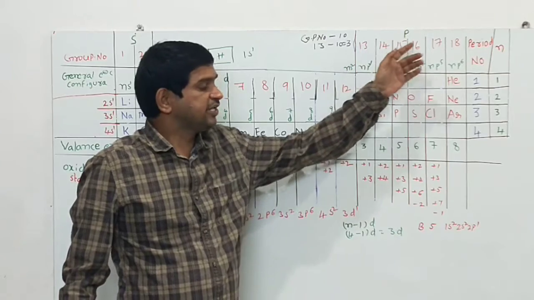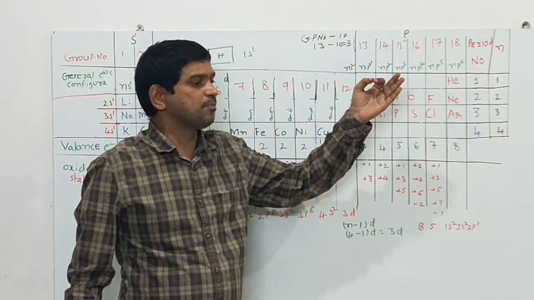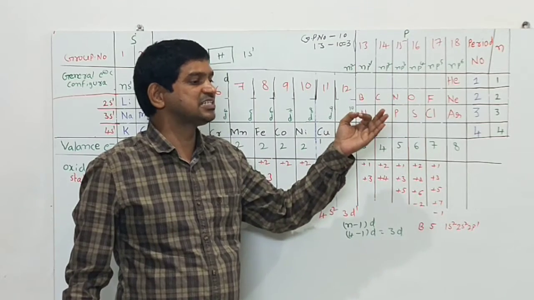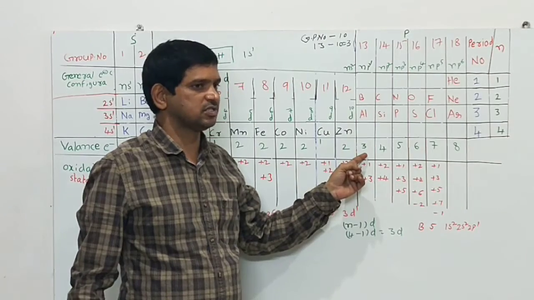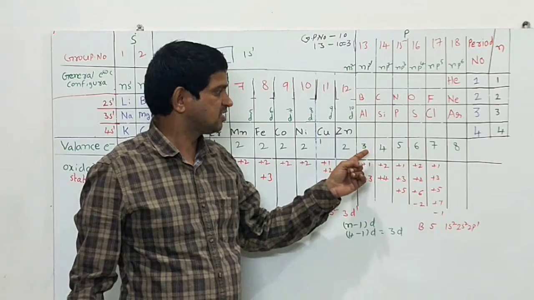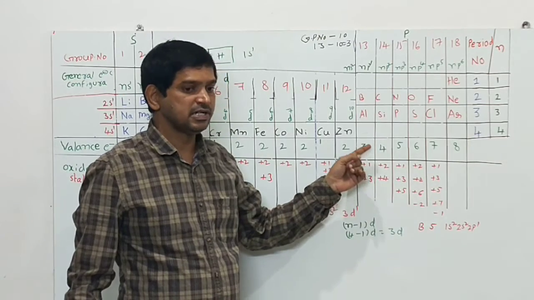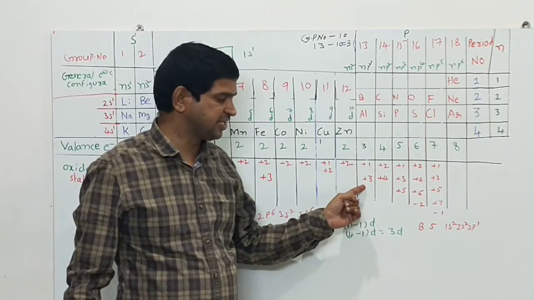From the 13th to 17th group, the maximum positive oxidation state is equal to their valency electrons. In the case of the 13th group, valency electrons are 3 and the maximum positive oxidation state is +3.